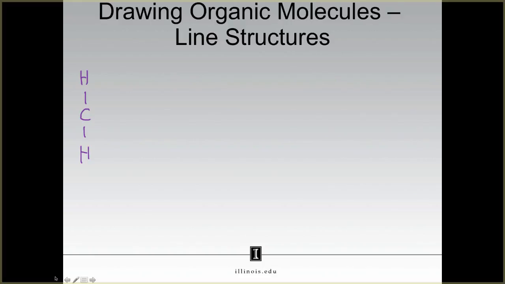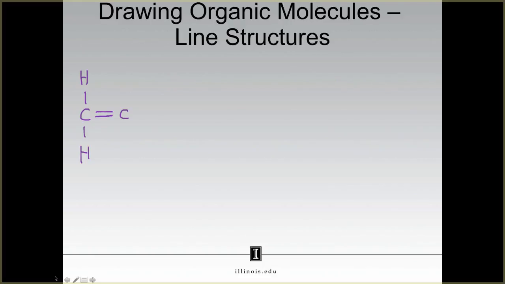I'm now going to draw another bond from this carbon to an adjacent carbon, but this time I'm going to add a second line. That second line is also a bond. This is a double bond, which hopefully you remember from general chemistry. The carbon-hydrogen bonds are single bonds, and the carbon-carbon bond I have drawn here is a double bond.